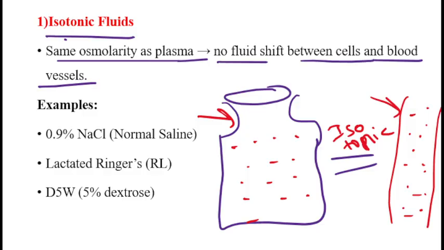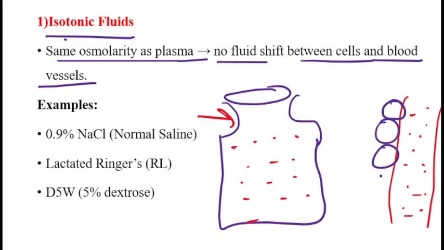Now when you administer this isotonic fluids, what happens here? The blood vessels are surrounded by the cells. When you administer these isotonic fluids, there is a balance between the electrolytes in the cells and the blood vessels, and there is no shift of fluid from blood vessels to the cells or from the cells to the blood vessels.